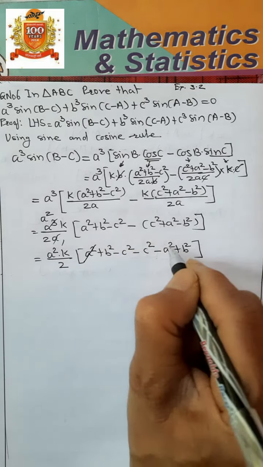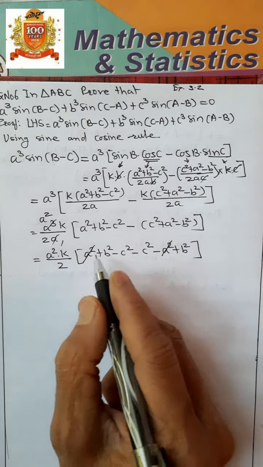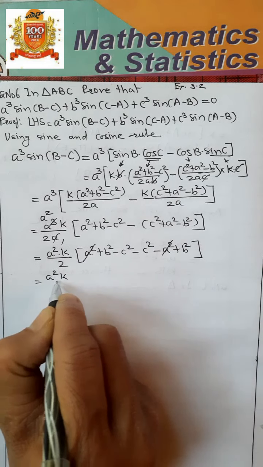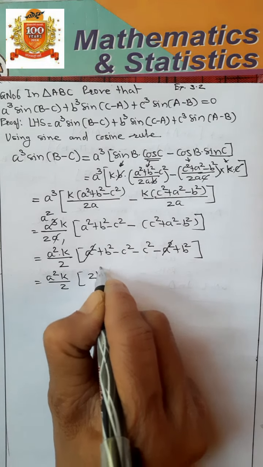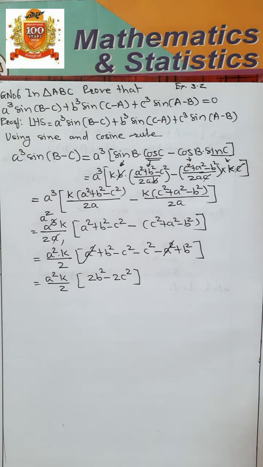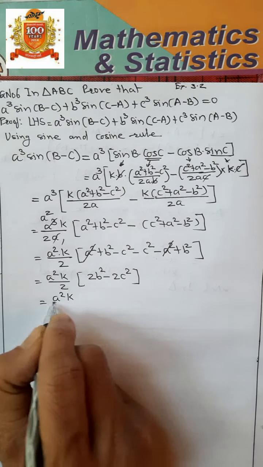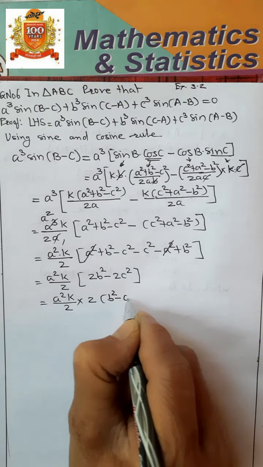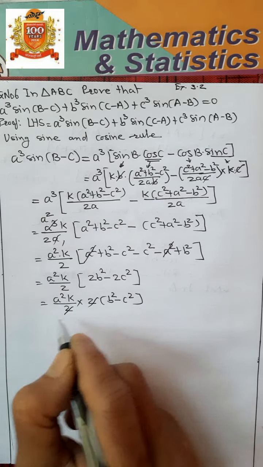Now plus a square minus a square get cancelled. Isn't it? So here we have a square into k upon 2, in bracket we have 2b square minus 2c square. That is equal to a square k upon 2 into 2 in bracket (b square minus c square). Now this 2 gets cancelled.